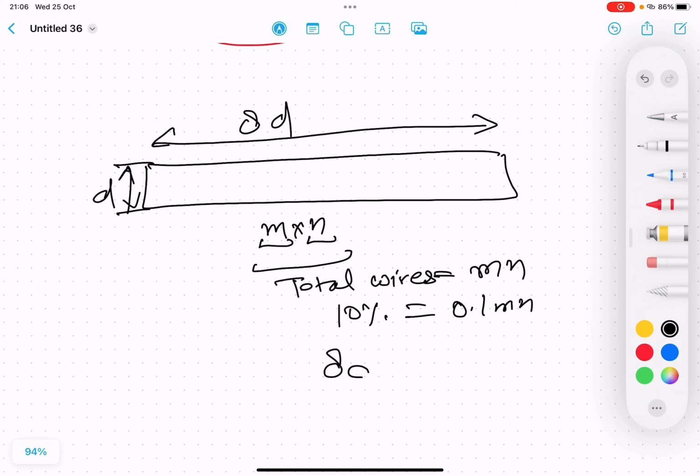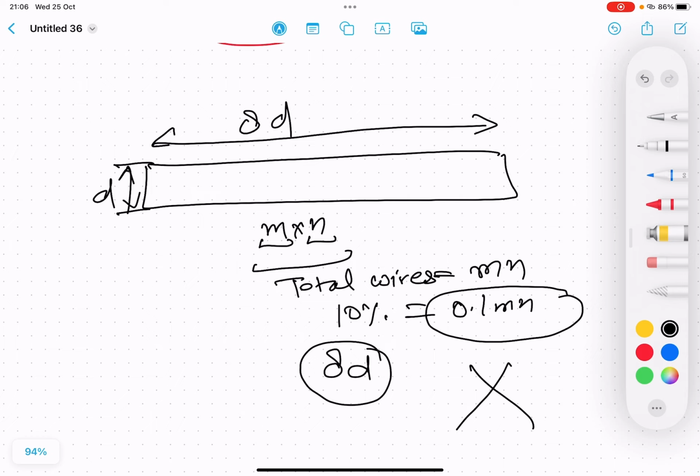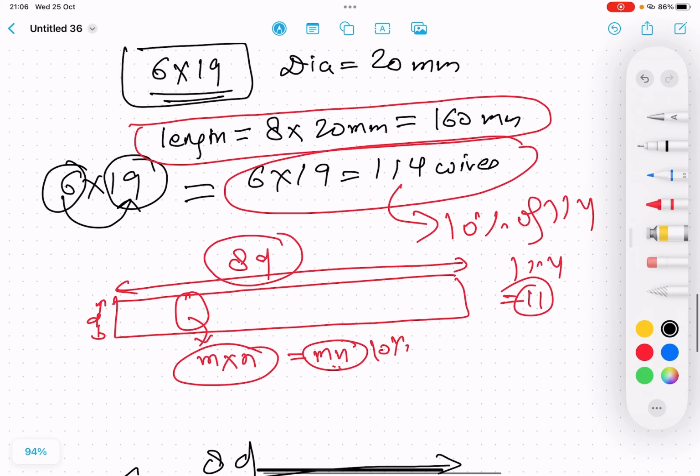We have to check in this 8d length: if the number of broken wires is more than 0.1 times m into n, then it is rejected. If it is less than 0.1 mn, then it is accepted. In the simple case, 6 into 19 means 114 wires, 10% of this is 11, and the length for checking is 160 mm. If 11 or more wires are broken in 160 mm, it will not be accepted. If fewer than 11, it will be accepted.